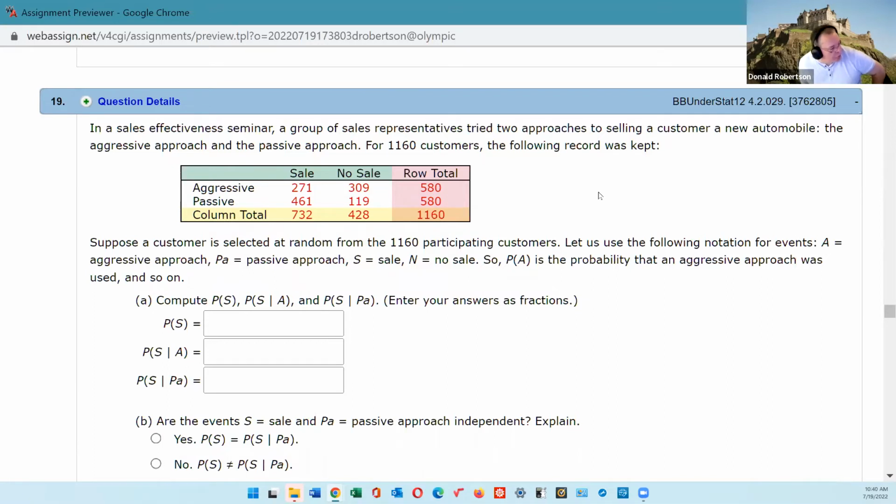So if I asked you what's the chance, an aggressive salesman would only be doing 271 out of 580, and I'll do that calculation right now. 271 sales out of 580, and that's about a 47% success rate. And those that are passive, well, that would be 461 also out of 580, and that's about 79%. Not quite, but you know, almost twice as successful, right?